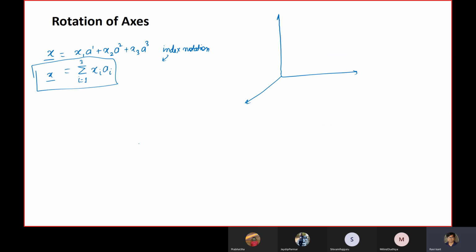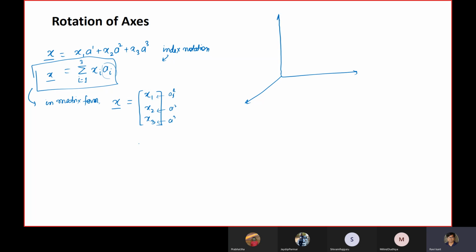One more thing I want to put in notice here, that this can again be written in matrix form. In matrix form we can write this simply as the column vector, and different components I can write as x1, x2 and x3. The moment I write in the form of column vectors, I do not need this a subscript, because it is obvious that the first component corresponds to a1, a2 and a3.